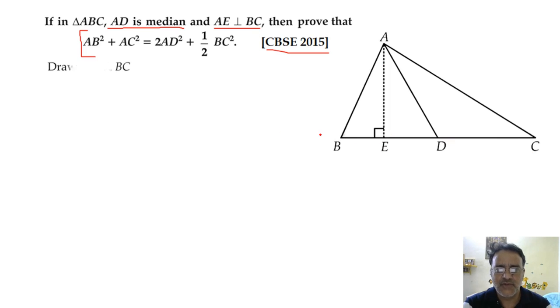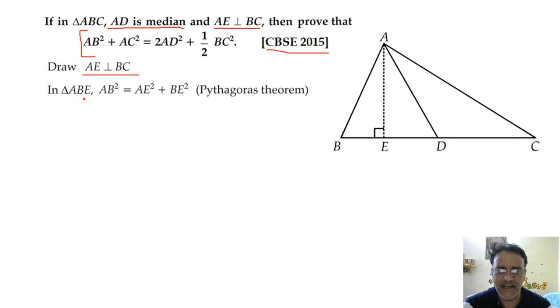Right. So in triangle ABE by Pythagoras theorem, AB square is equals to AE square plus BE square. Right. And AC belongs to which triangle? AEC. Okay. So again, see carefully.